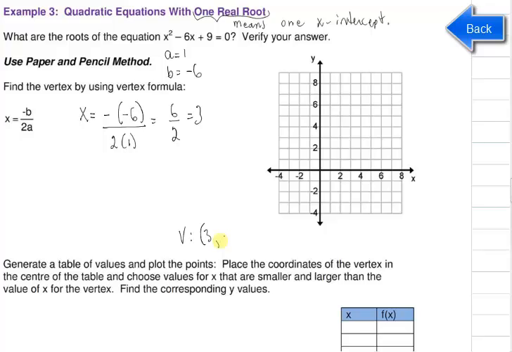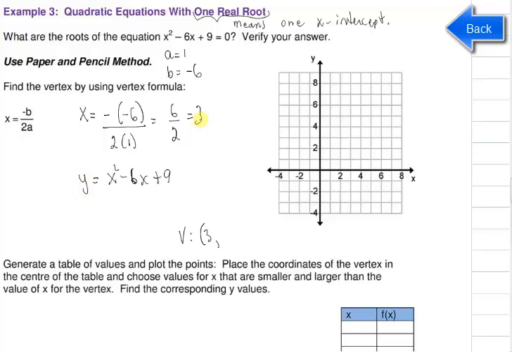Now we want to find out what the y coordinate is for our vertex. We go back to our equation. We want the corresponding function, so I'm going to write y equals x squared minus 6x plus 9, and the reason why I want my corresponding function is because I'm looking for the y coordinate of my vertex, and so I need to write my equation so that I can actually solve for y.